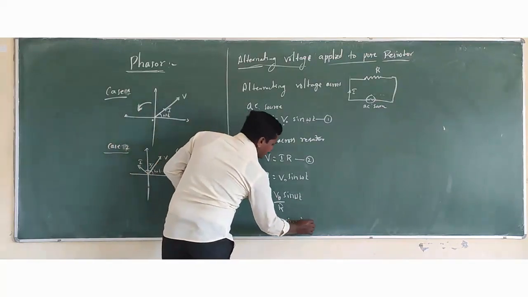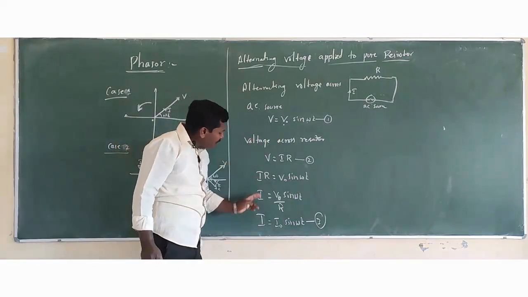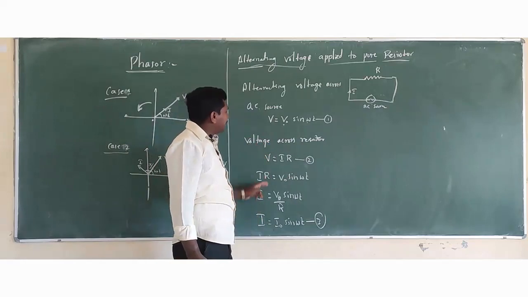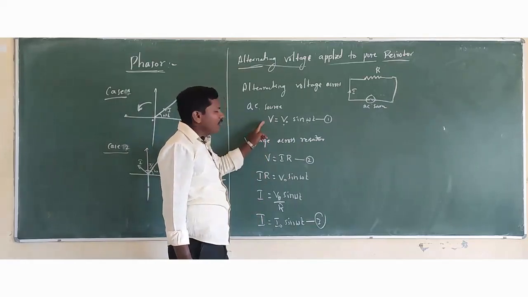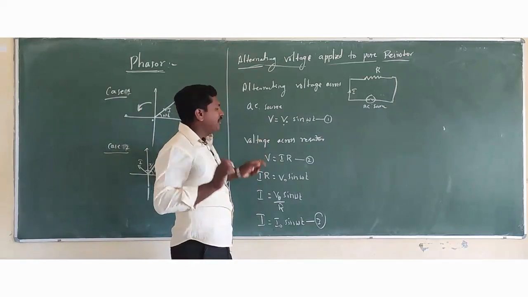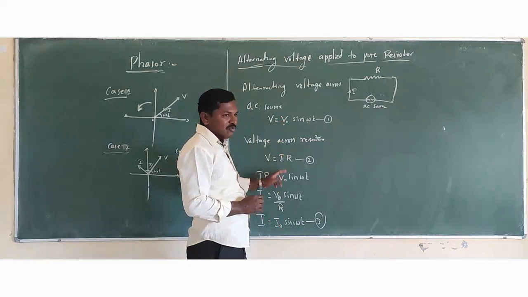Let us consider this as equation number 3. If we compare equation 1 and equation 3, we observe that these two waves, the voltage wave and the current wave, are in phase, because there is no difference in these two equations.